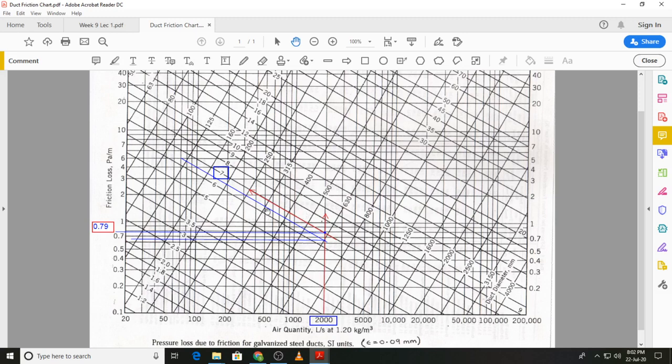And then again you will have to make another guess for VBC, which will now be 6.25. We again change this line and we will have another point of intersection, which is, again you can see this is 0.5, this is close to 0.6.